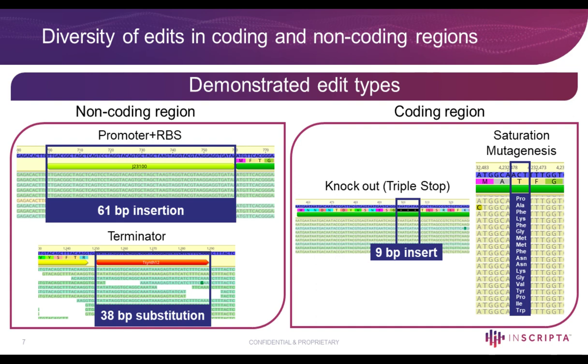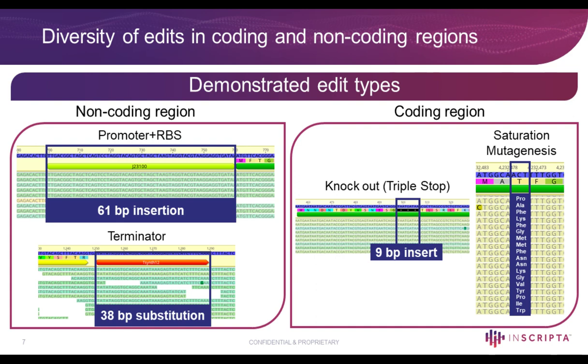As I mentioned, there's a wide diversity of possible editing types, both in coding and non-coding regions. Just to get an idea in your head about the different editing types that can be made: in non-coding regions, for example, you can do up to 61 base pair insertions, and those include a wide series of promoters, which you might think about as being one area of interest.